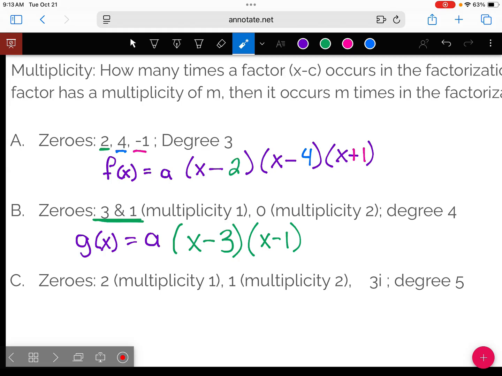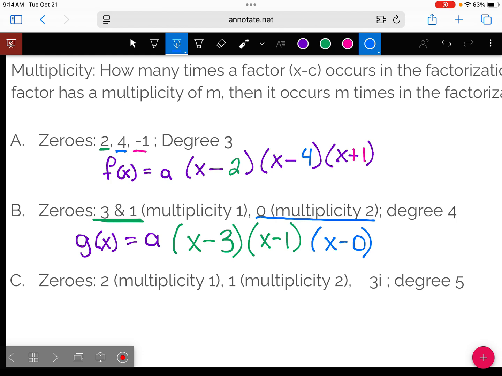When we have something that says a multiplicity of 2, like our root at 0, we can start out writing it exactly the same way. x minus our root, x minus 0. You do not have to put the x minus 0 part. If you can do just the x part in your head and have it be there, awesome. For some of us, it's going to help to put the minus 0, which is totally cool.